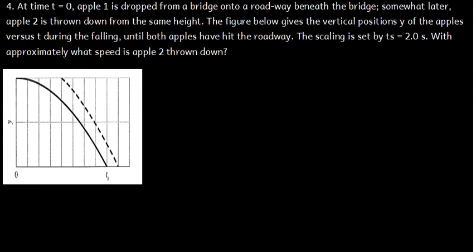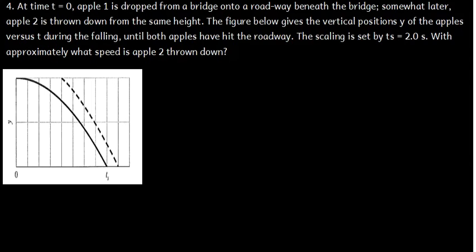So we do have question 4, which is saying: at time t equal to 0, apple 1 is dropped from a bridge onto a roadway beneath the bridge. Somewhat later, apple 2 is thrown. So somewhat later is the same as a second later. So a second later, apple 2 is thrown down from the same height.